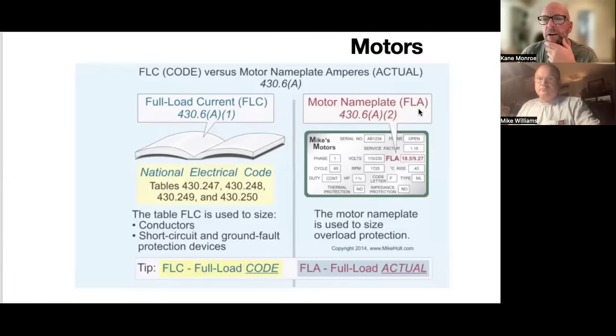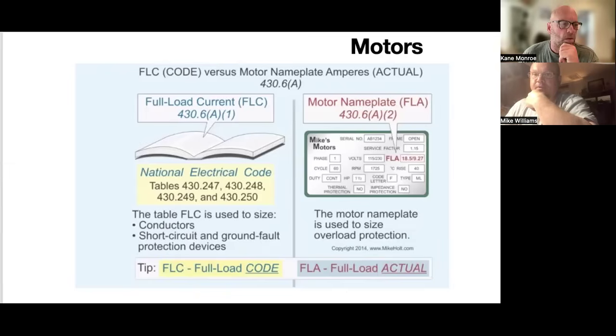If they're asking for FLA, and the only place they will ask you for the FLA is overload protection, that's the actual motor nameplate. You have to go to the motor, so the full load actual. That's the only time they're going to ask you for FLA. FLC, full load code, means go back to your tables in the back, 250, 248, 247, depending on DC, single phase, whatever.